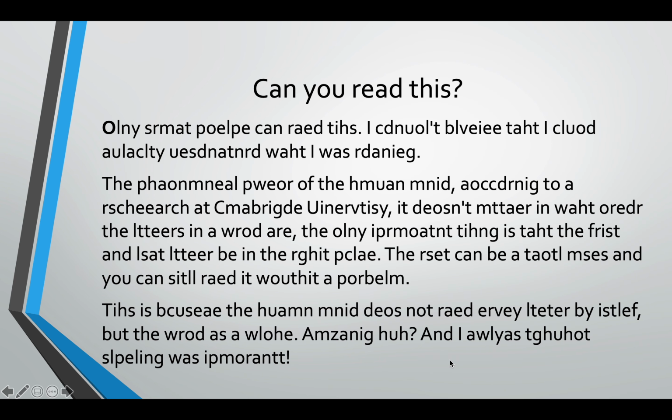Okay, so I want to illustrate the idea of how the mind immediately begins to organize information. Can you read this? So it says, only smart people can read this. I couldn't believe that I could actually understand what I was reading. So most likely you are able to read this, and it's because the mind is organizing this information in a way to relate it to patterns that already exist in your mind.